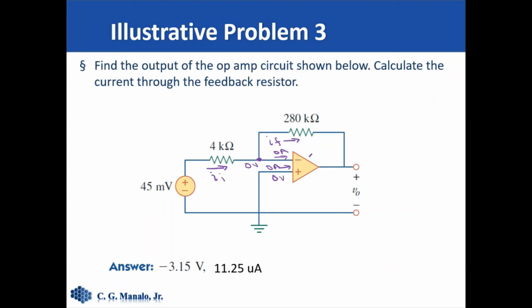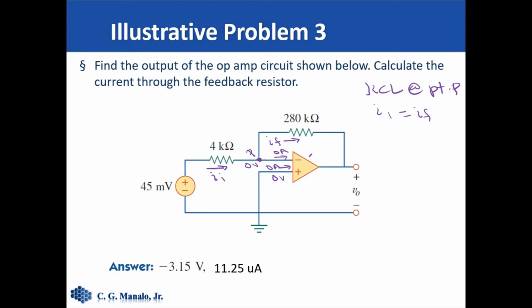So we can conduct a KCL there. Let's say this is point P. So KCL at point P. Current entering is I sub I, must be equal to current leaving, which is I sub F plus a 0.